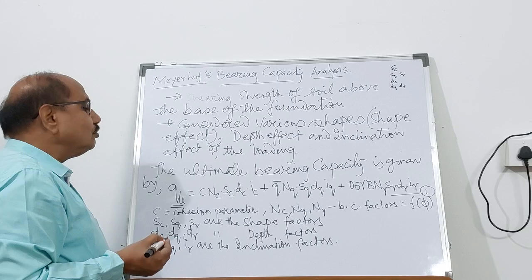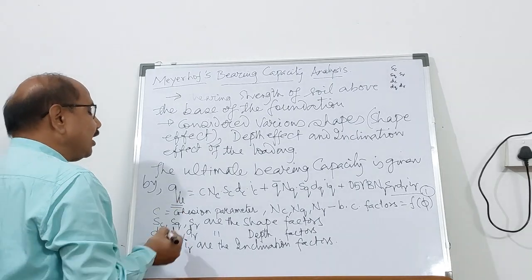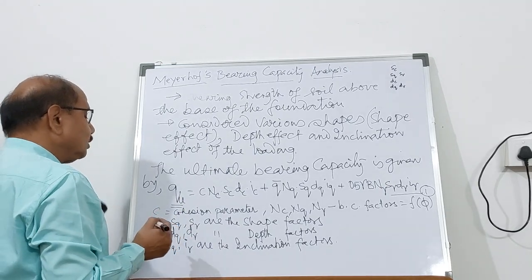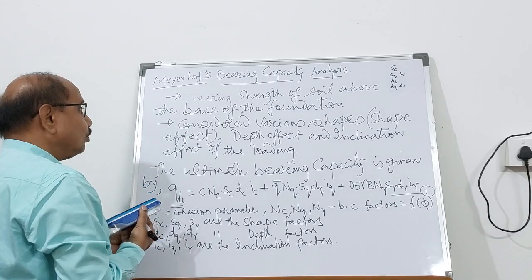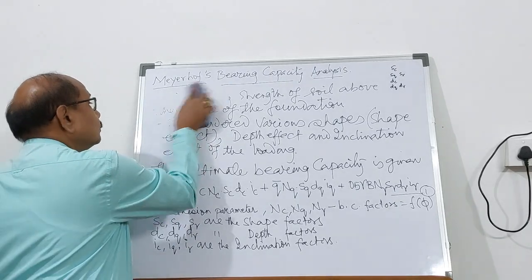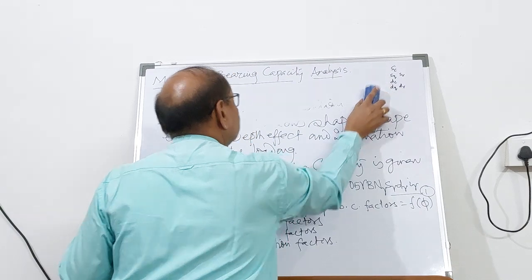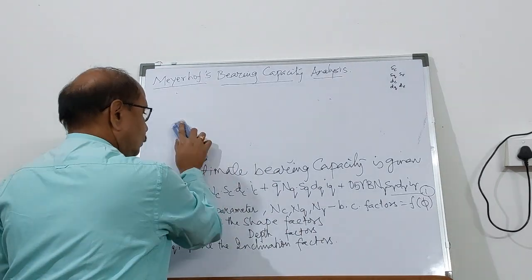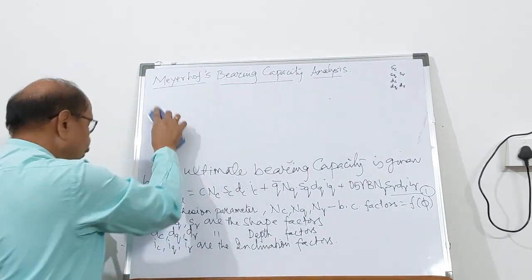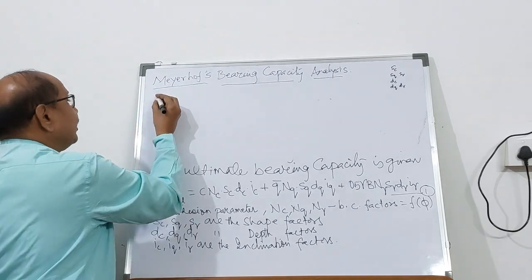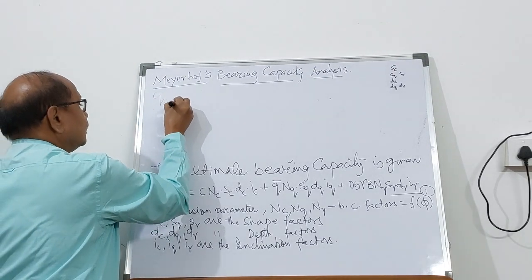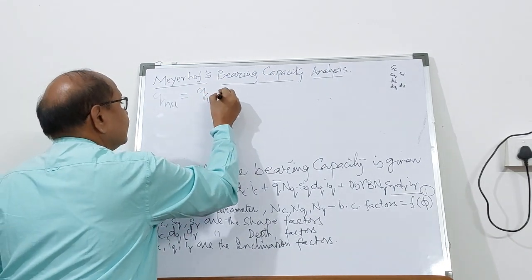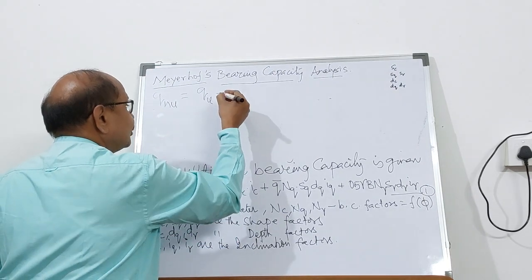If you want to find out the net ultimate bearing capacity, then you already know that to compute the net ultimate bearing capacity, what you do is the ultimate bearing capacity minus the surcharge.